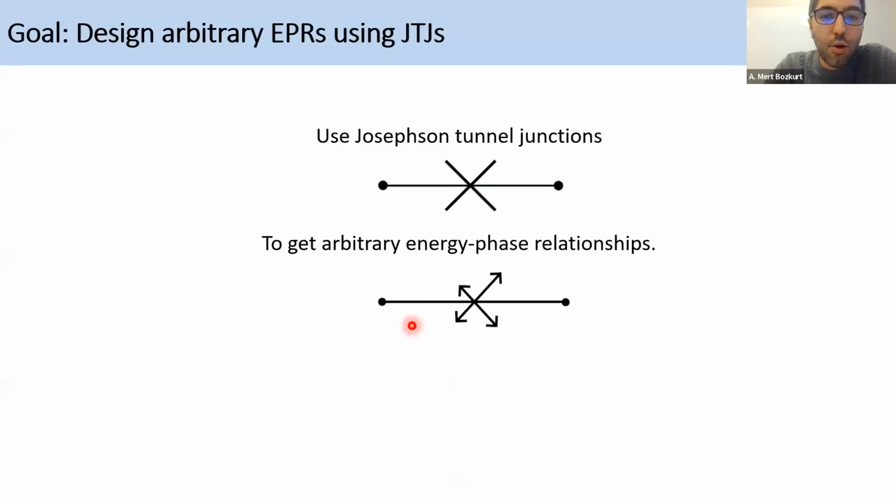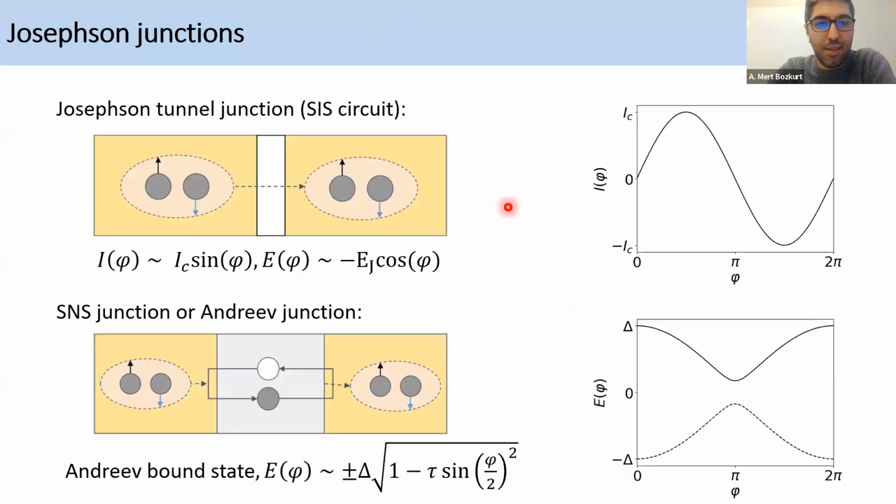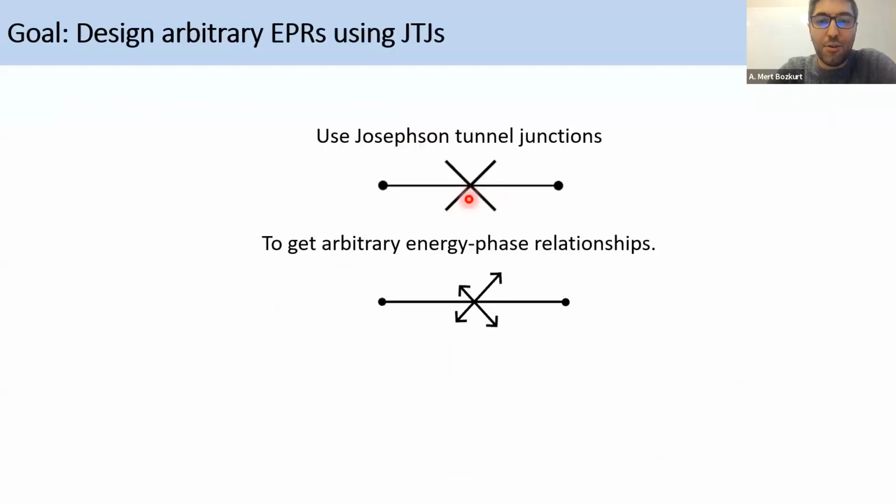In this talk, my goal is to use tunnel junctions, denoted by this circuit symbol, to engineer arbitrary energy phase relationships. We denote arbitrary energy phase relationships using this circuit symbol, thanks to Anton, and I hope this gets adopted so that everybody can use it.